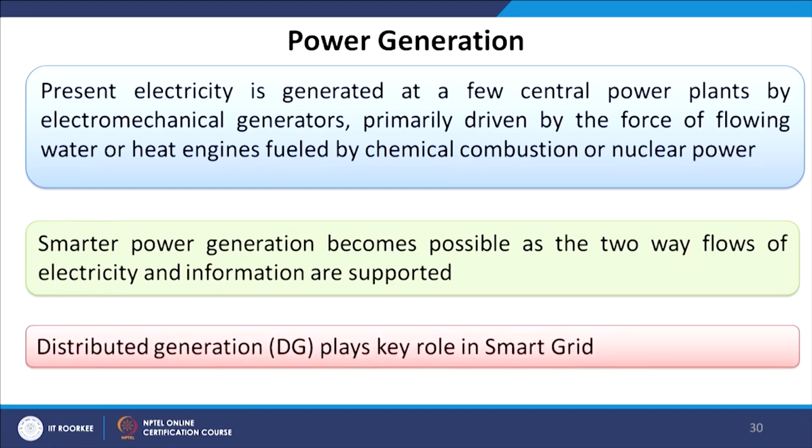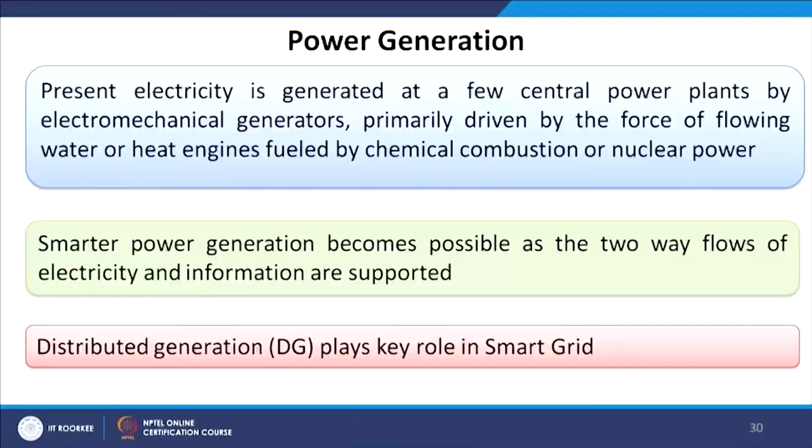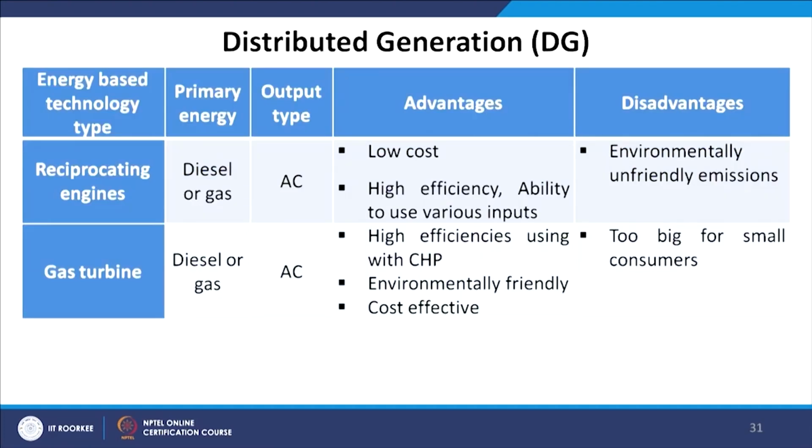Now, a very important component of smart grid power generation is distributed generation, which can certainly play a key and major role in our smart grid. There are different types of distributed generation.